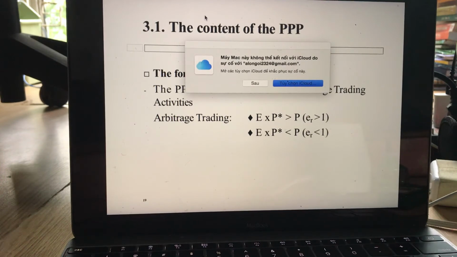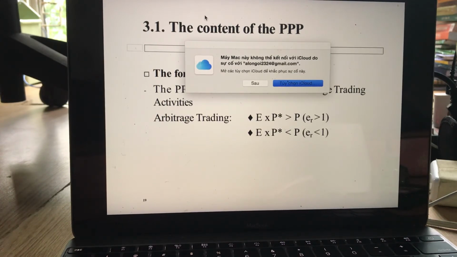But when we derive the PPP, we apply it to a bundle of goods. The difference is that the law of one price applies to only one good, X, but the PPP applies to the standard bundle of goods. The idea is the same. The difference is just the price level here.